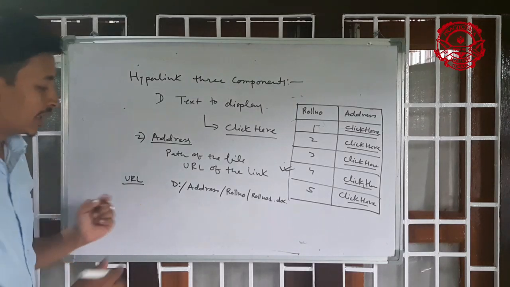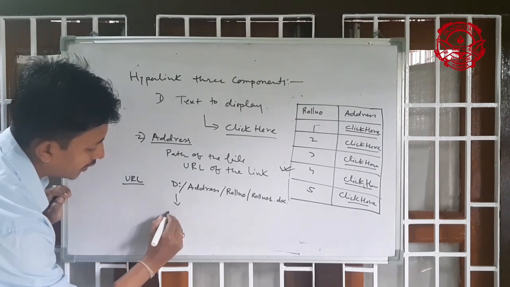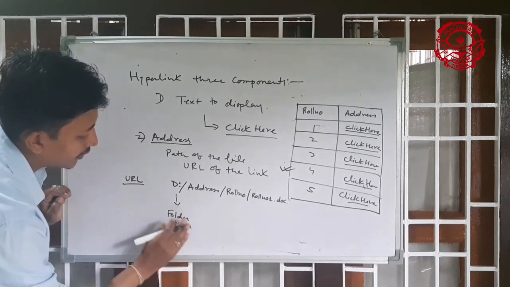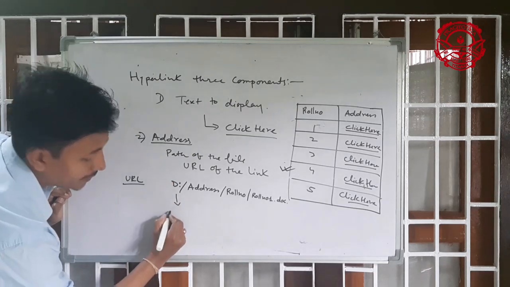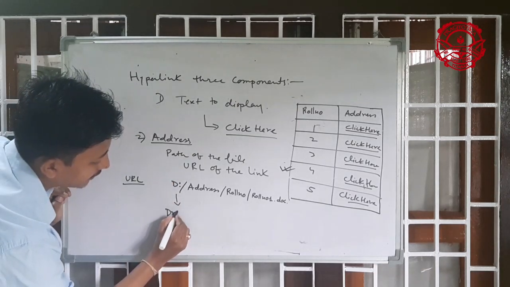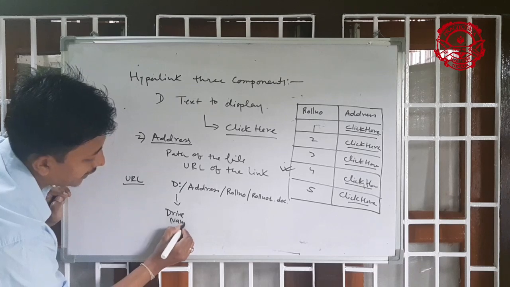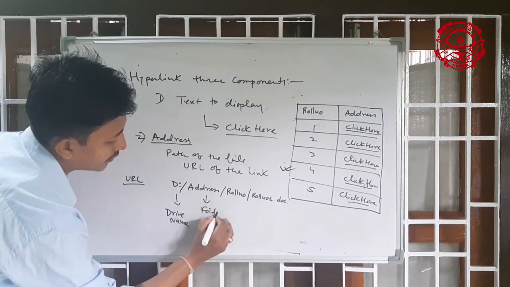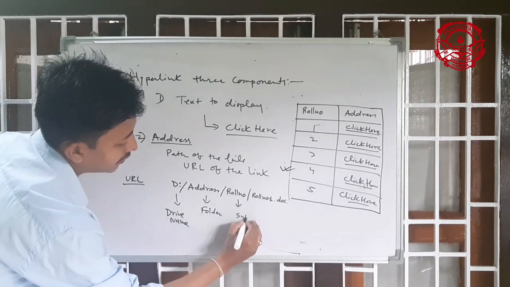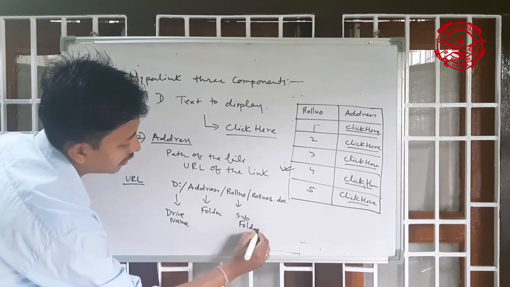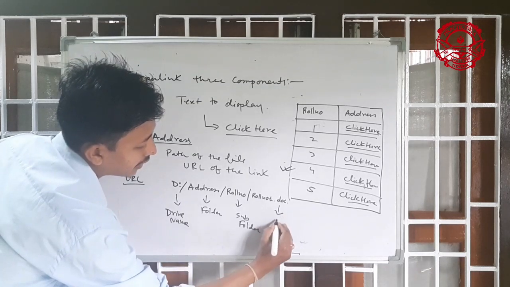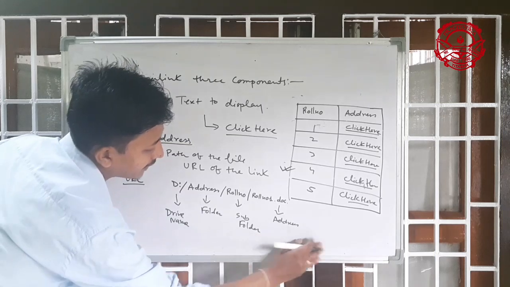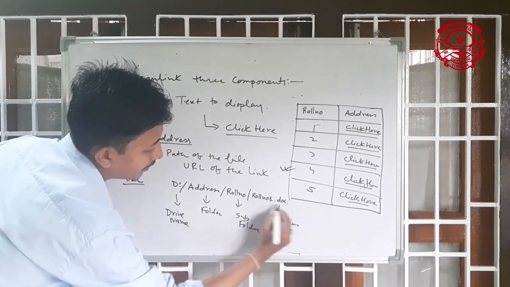This is the drive name, this is the folder, this is a subfolder, and this is the address, or you can say this is the path name.